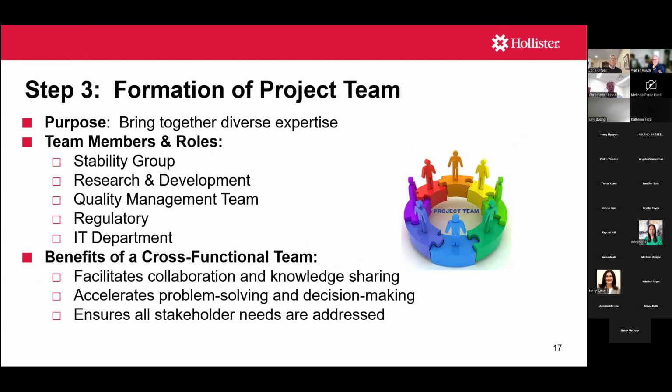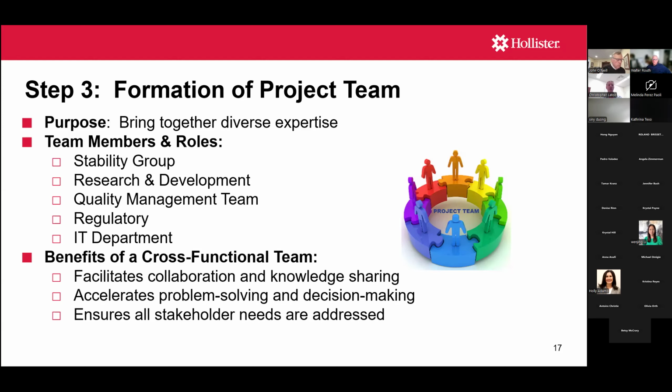So once we had executive sponsorship, we then formed a cross-functional project team. Again, you never want to vet out vendors or write user requirements in a vacuum, just within your maybe local stability group. You want to have a cross-functional team, so everybody has a different area of expertise.